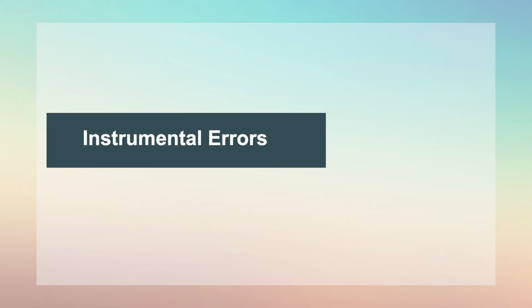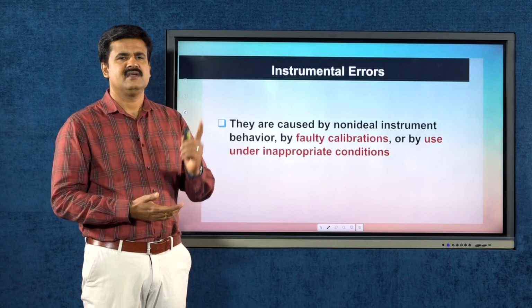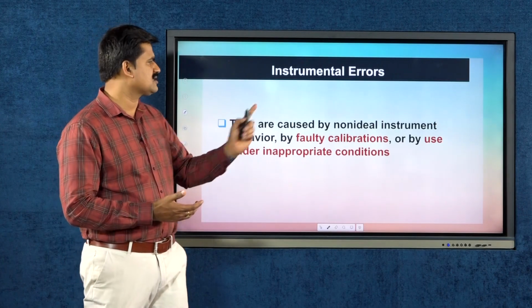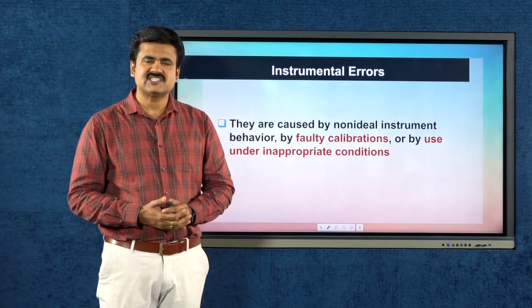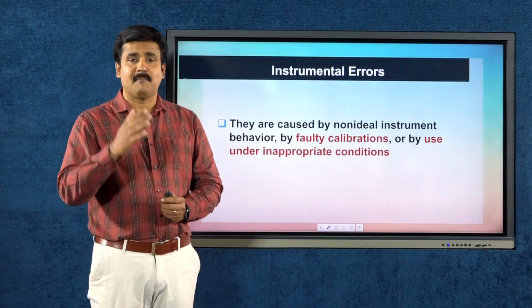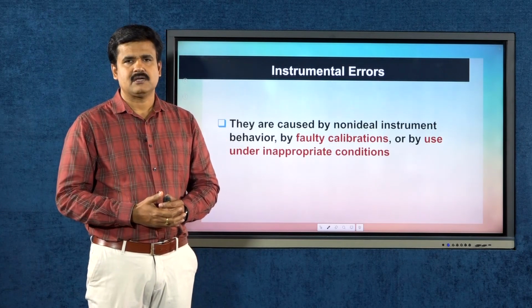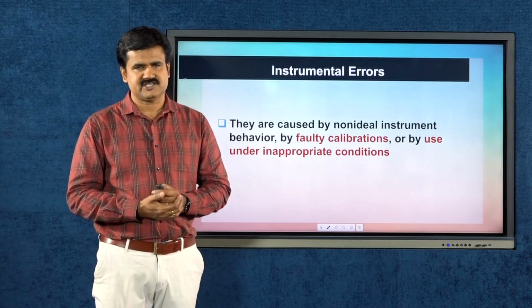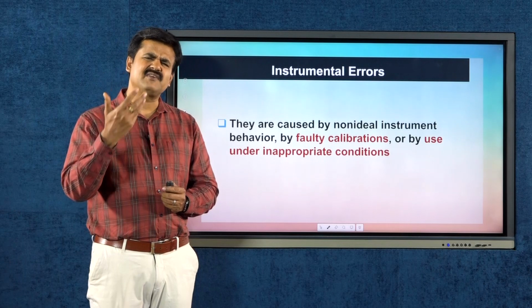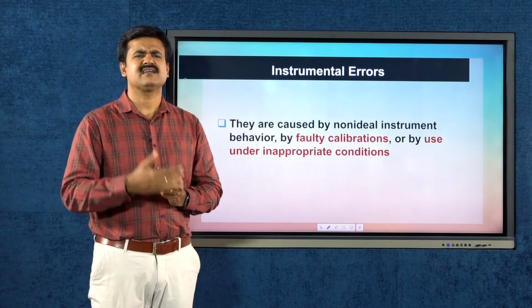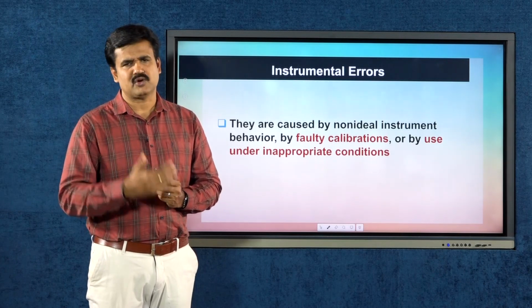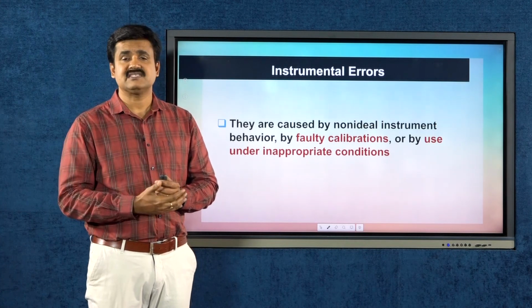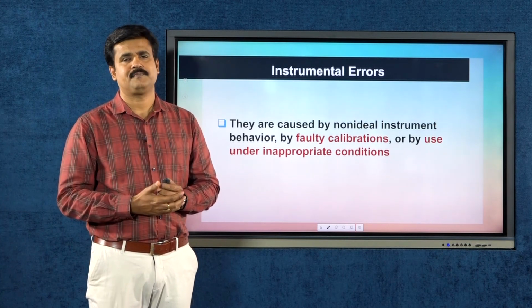The first category, instrumental errors, we are considering in more detail. Instrumental errors are caused by non-ideal instrument behavior, by faulty calibration, or by use under inappropriate conditions. There are several instruments we use in an analytical chemistry laboratory. A pH meter is a good example.